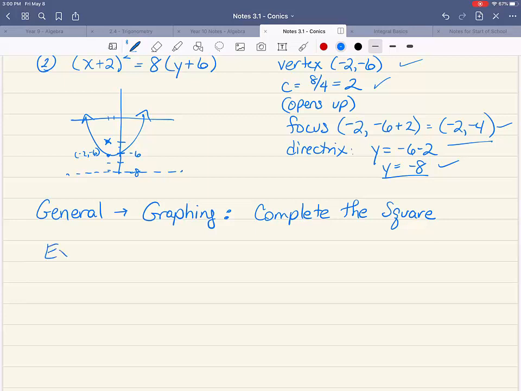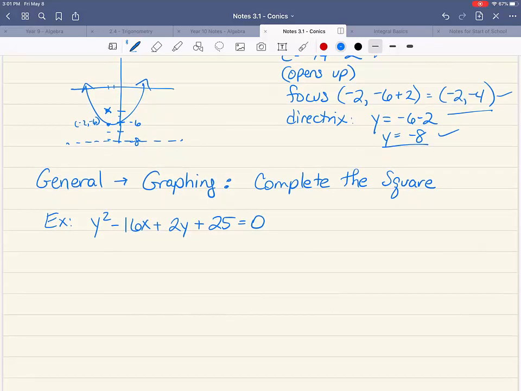So let's do an example. We have y squared minus 16x plus 2y plus 25 equals 0. Do you see how this is a parabola? I don't have an x squared term. That's how I know it's a parabola.